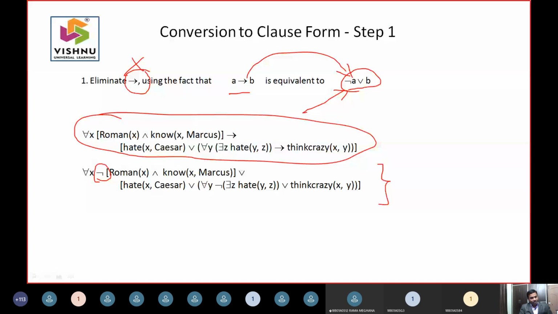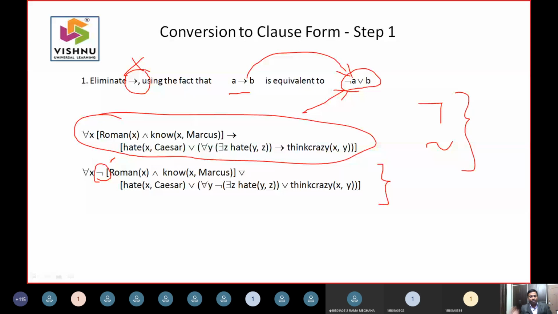The second step that I mentioned is that it is better to minimize the scope of your not. Here this not is applied to the entire set. It is better to minimize the scope of it. So this is the second step. It is better to reduce the scope of this not operator to a single term.